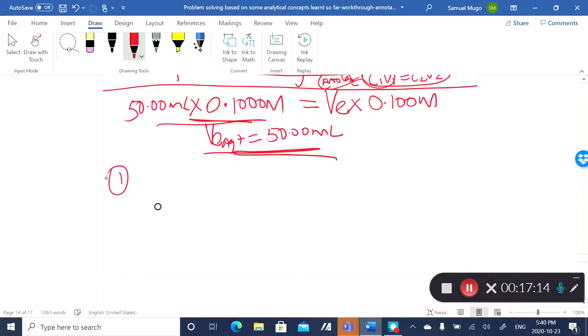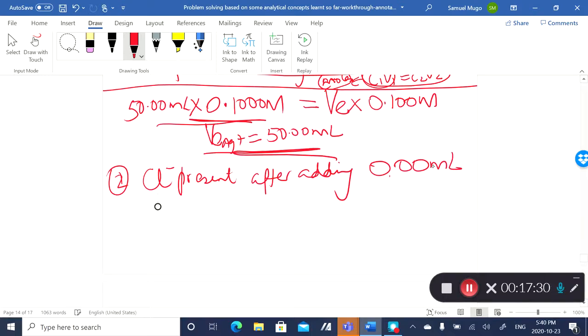So the next step then is to calculate the chloride present, and this one is a bit trivial, after adding 0.00 ml of the titrant. And of course, this one is trivial because you already know the chloride present initially is equal to 0.1 molar.